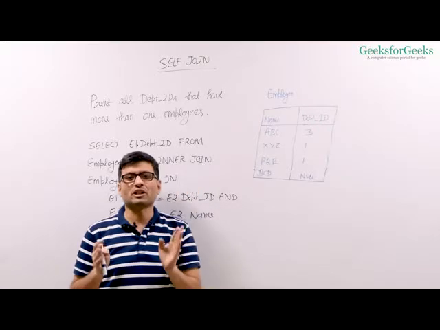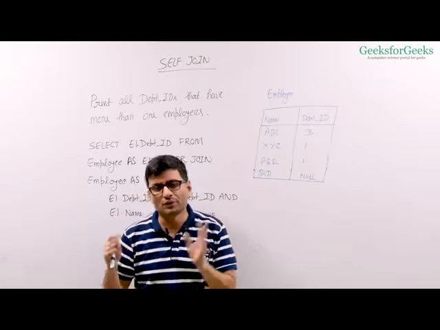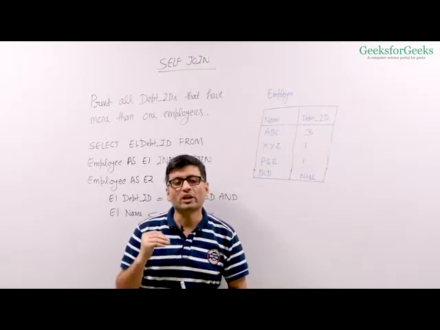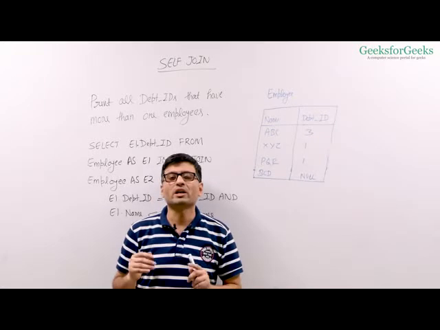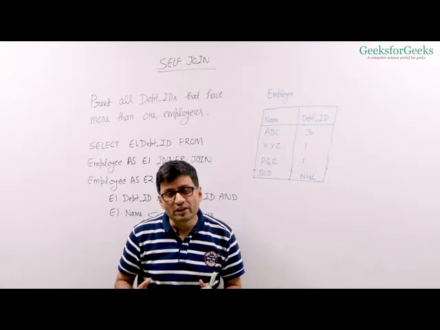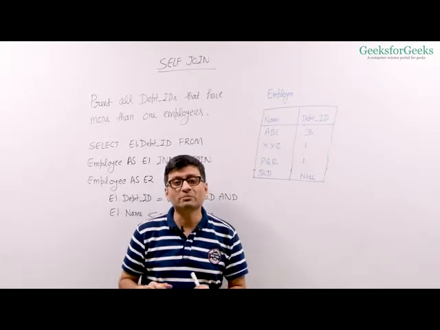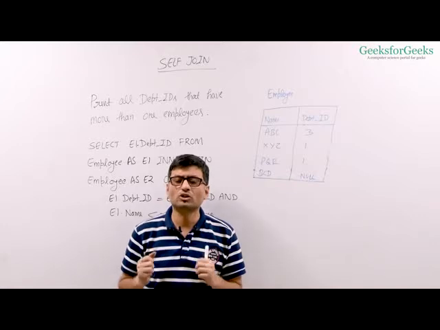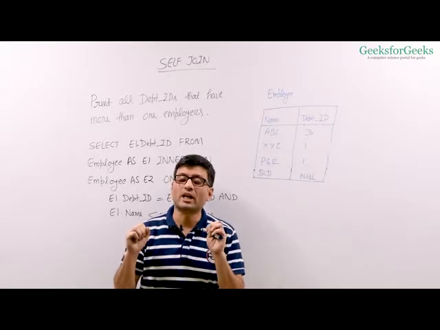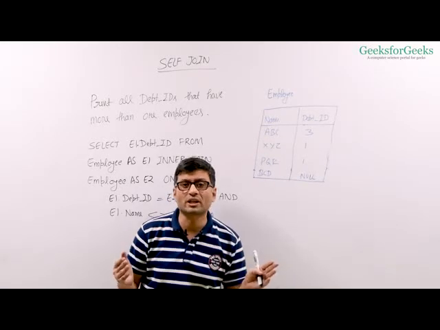So if you consider the cross product of this table with itself, you will have 4 into 4, 16 rows. Out of those 16 rows, you will reject all those rows where department IDs are not the same. You will again reject those rows as well where employee names are the same. So you will end up having only those rows with the same department ID in both the tables, but employee names are different.